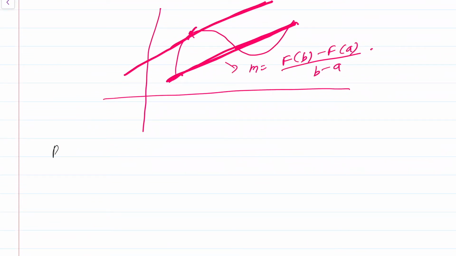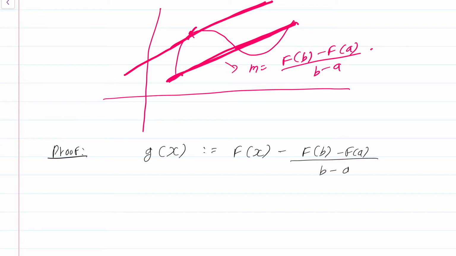Proof. Now we want to apply Rolle's theorem to a new function. So we define g of x by definition to be f of x minus f of b minus f of a by b minus a times x minus a.